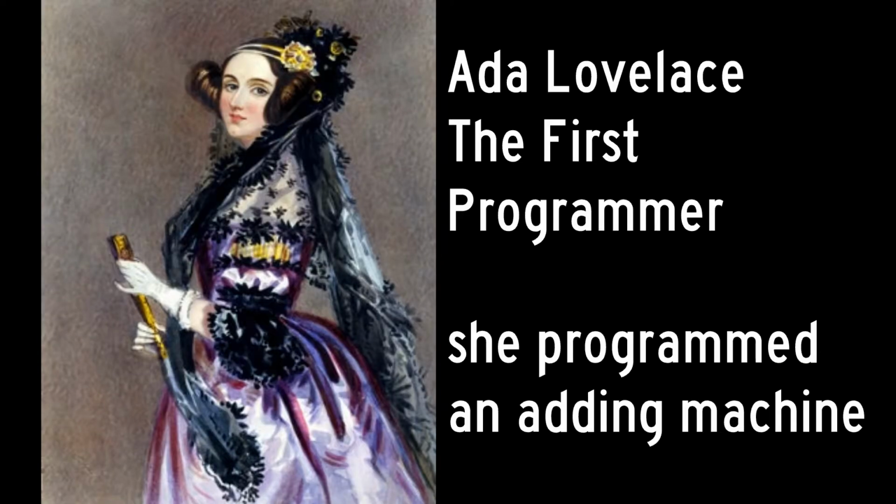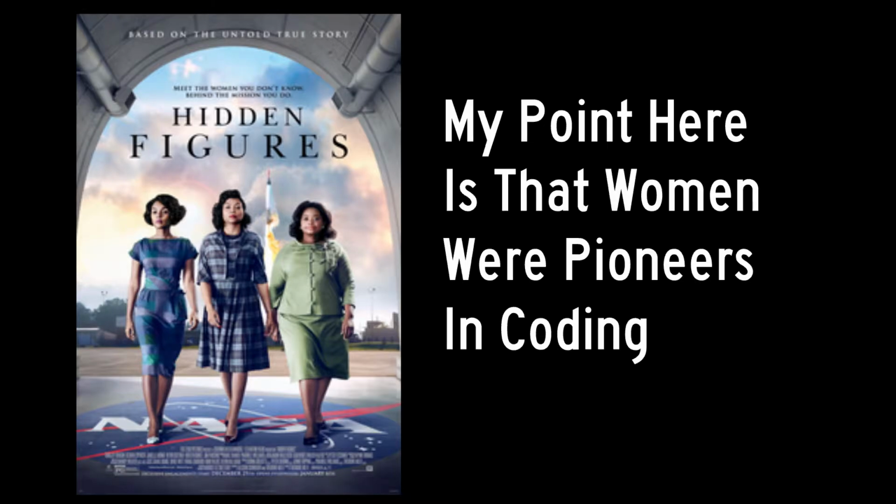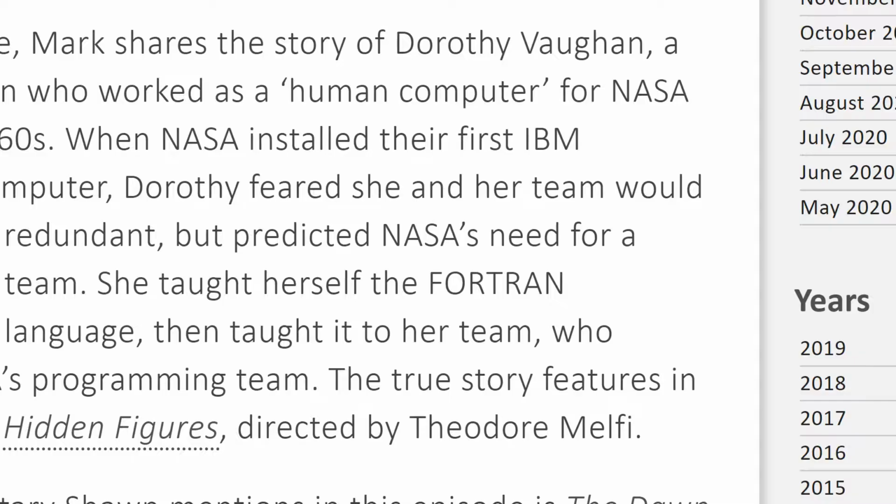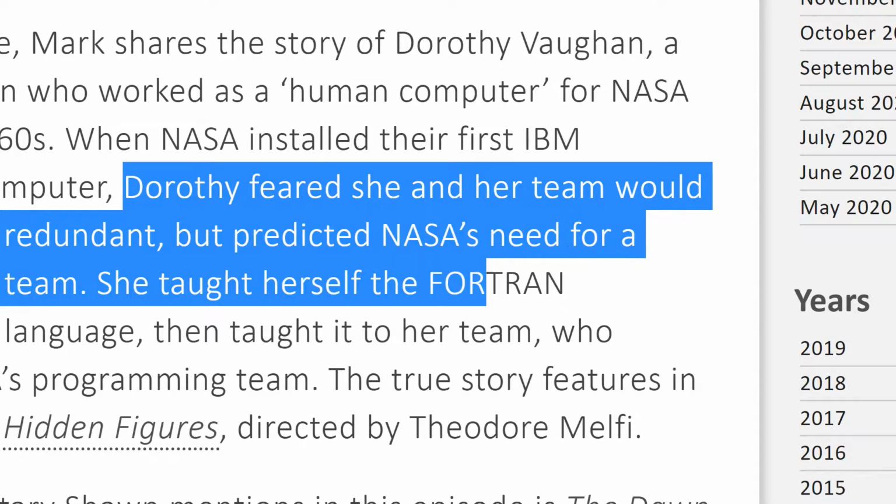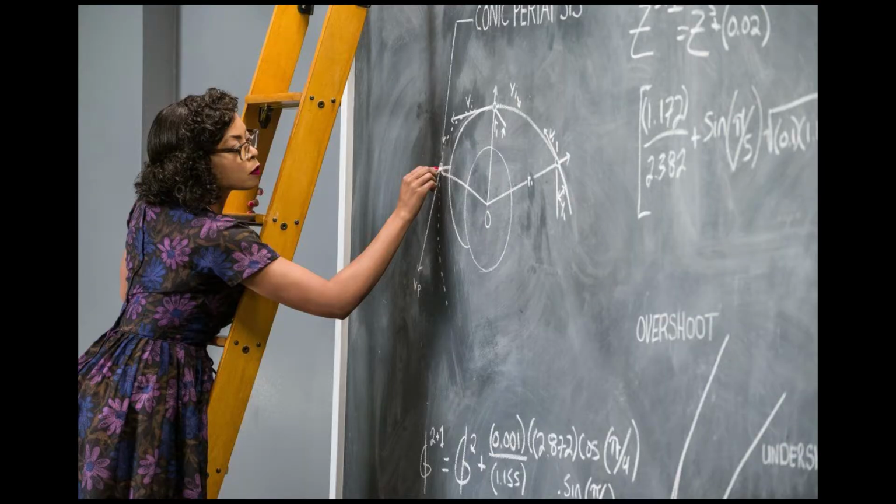Ada was the first computer programmer, and if you see Hidden Figures, you'll see a group of black women that really did their thing for NASA. They probably used Fortran. I think it was Fortran. That's a really old computer language, but they used the computer to code the numerics or the trajectory for the moon landing.